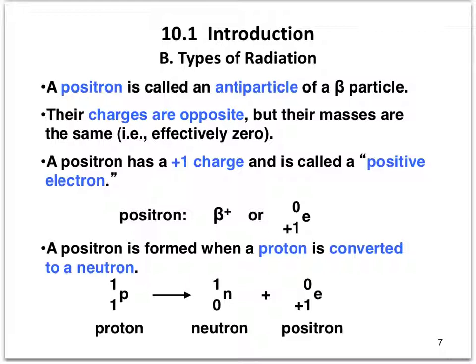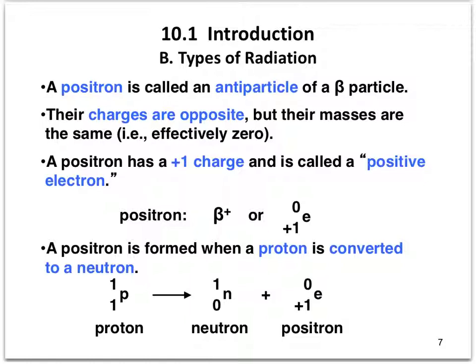Similarly to the beta, a positron is the anti-electron. It is a member of the antimatter family. Positrons have negligible mass, but they have a positive 1 charge. We symbolize it much like the beta, with the e and 0 mass and a positive 1 atomic number.